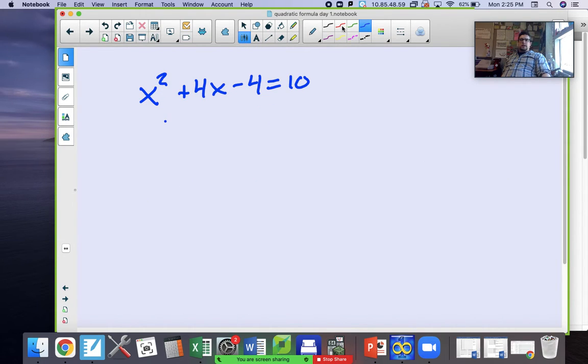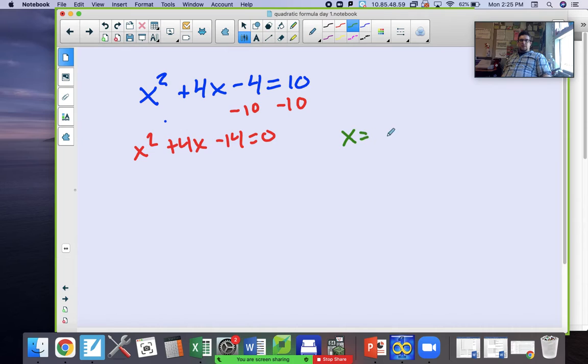If your quadratic doesn't equal 0, you have to make it equal 0. So we're going to subtract 10 from both sides. From here, we can check to see if it's factorable or not and try to use any of our techniques.